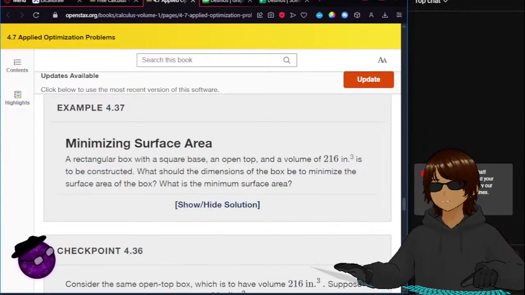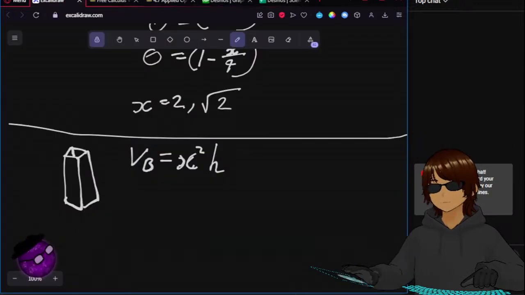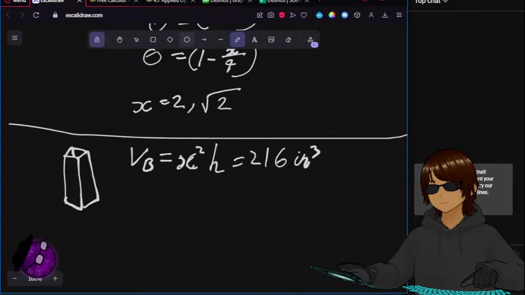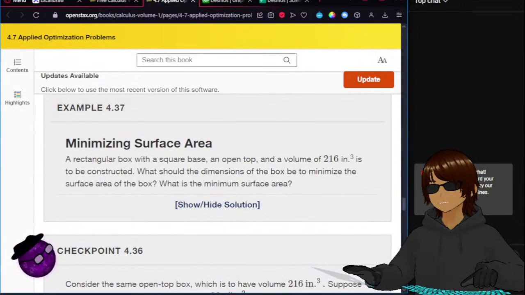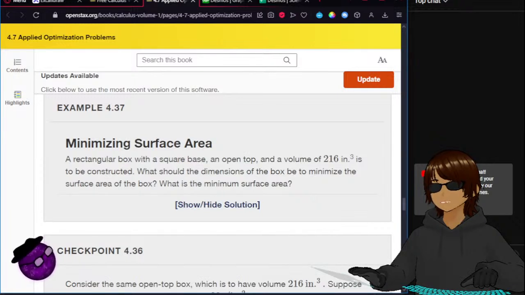This is 216 inches cubed. What should the dimensions of the box be to minimize the surface area of the box? What is the minimum surface area?